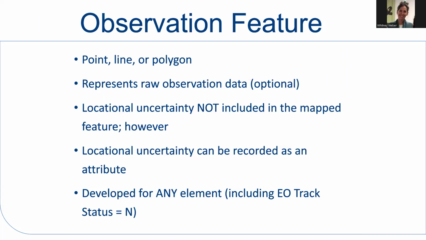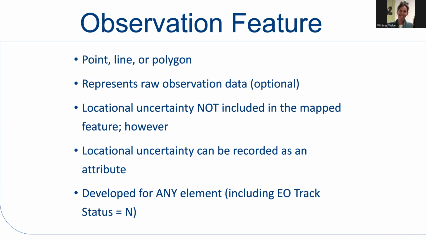The observation feature can be a point, line, or polygon, and it represents the raw observation data. Again, locational uncertainty is not included in the mapped feature, yet that locational uncertainty can be recorded as an attribute. Typically that is recorded by the precision.